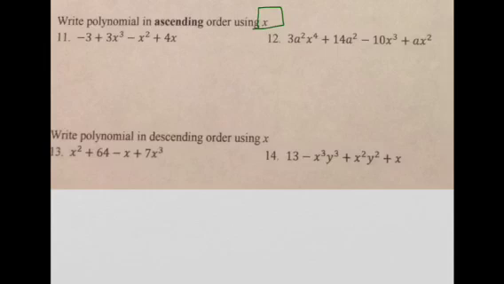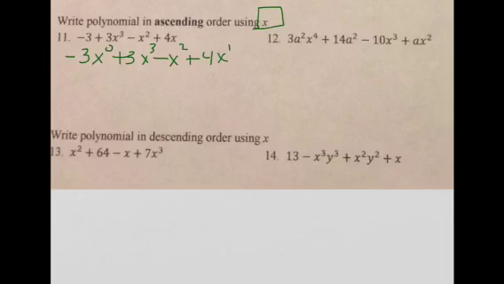Before we can put them in ascending or descending order, we need to make sure that every single term has an x variable. So this negative 3 is going to have to become negative 3x to the 0 plus 3x cubed minus x squared plus 4x. And that 4x is x to the first power. So now what we can do is put them in ascending order.